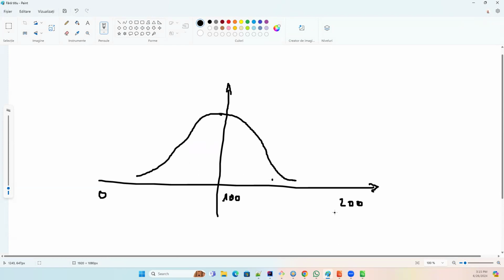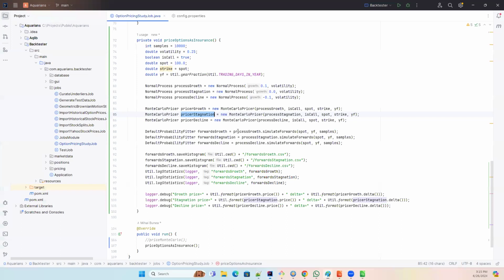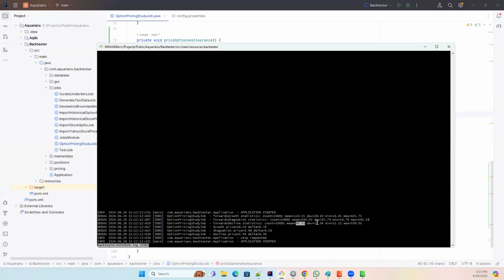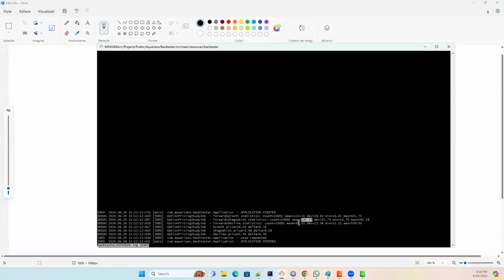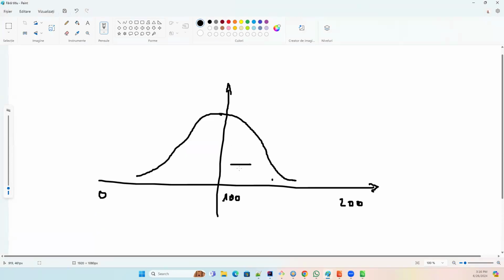So it's fairly intuitive that, let's take a look again at the means. So the stagnation process that stays around 100, well, I only have to pay for this part up.